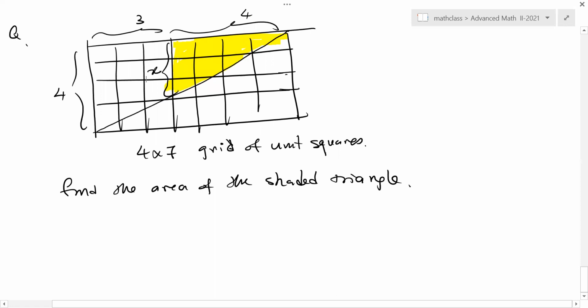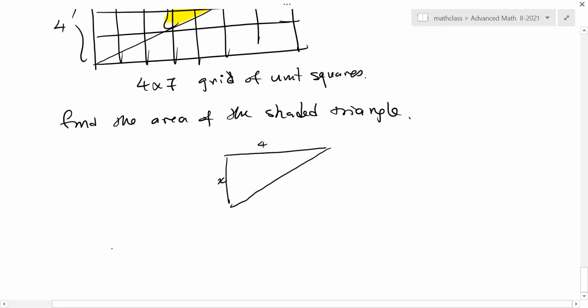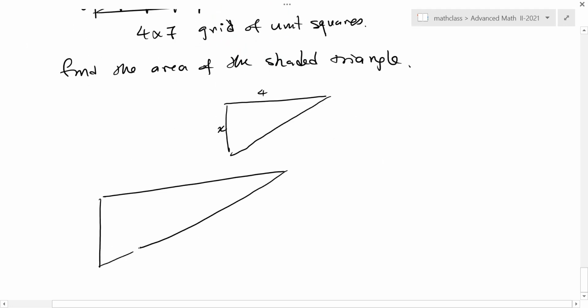Did you get it? Just find the two similar triangles. So this is a 1, this is x, here's a 4. Another one is the bigger one, here's a 4, here's a 7. These two triangles are similar.